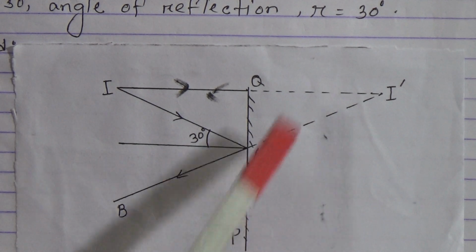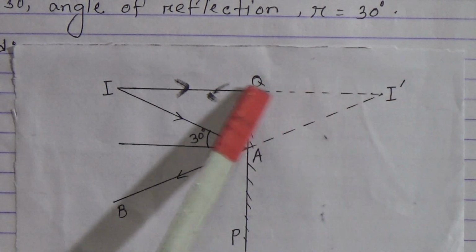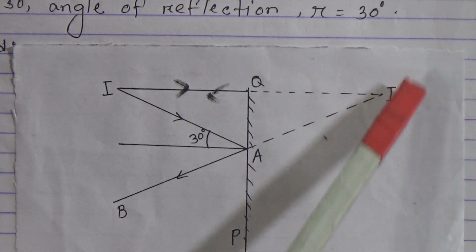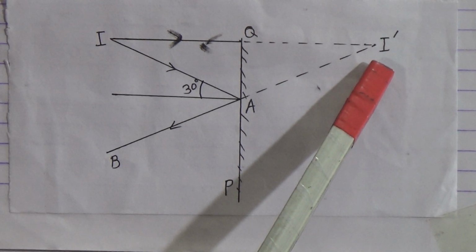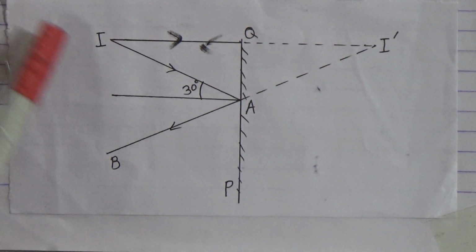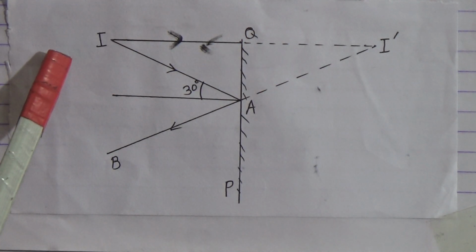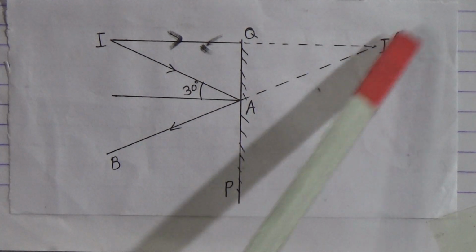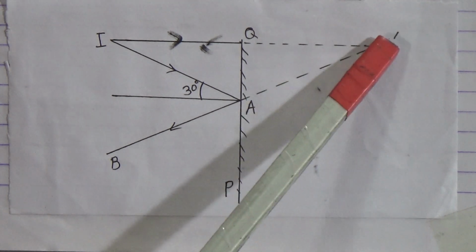In case IA and BA are elongated behind the mirror, they meet at the point I dash. This phenomenon tells us that the point I dash is the image of point I. However, the rays in fact have not met at point I dash, and that is why this is not a real but a virtual image.